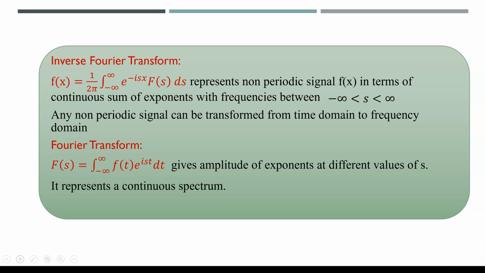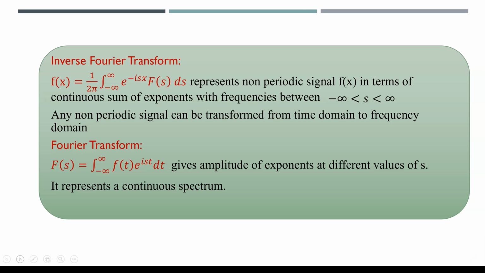Using Fourier series, we can write any periodic signal as a sum of sines and cosine terms. But using Fourier transform, we can convert even non-periodic signals from time domain to frequency domain.